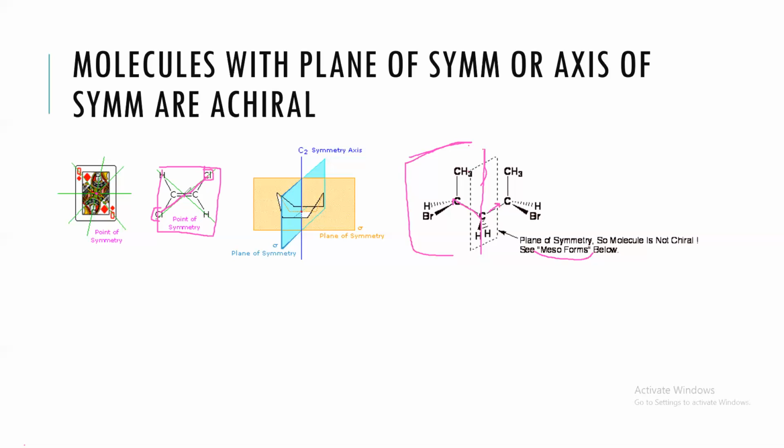I also go in this direction from the point and encounter a hydrogen, and in the opposite direction I'm also going to encounter a hydrogen, and this is what we call a point of symmetry.